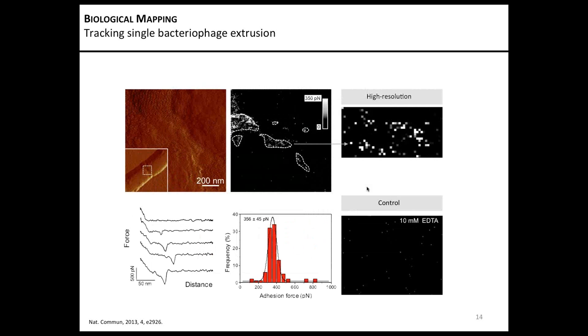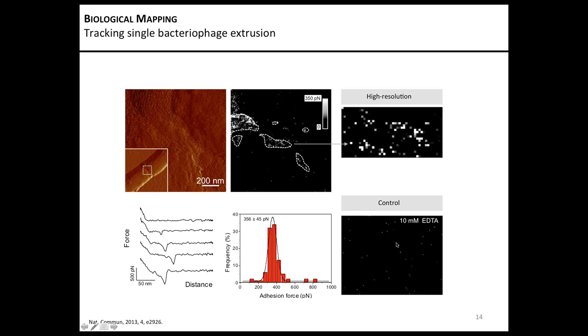So we use the PeakForce technology to map the E-tag on the cells, which means the extruding bacteriophage. So here you have dividing bacteria. Here is the septum region at a higher resolution. And on the adhesion map, you will see that here you have some adhesion events. At high resolution, you see these kinds of maps.